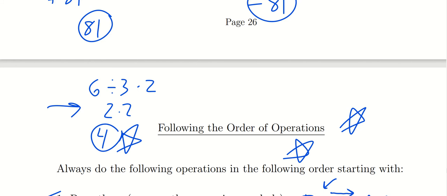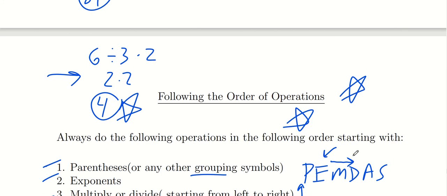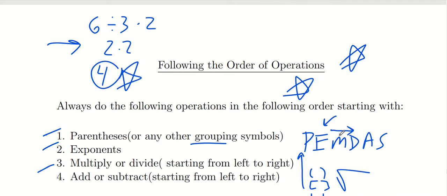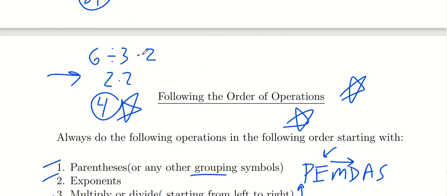A lot of people will make the mistake and take PEMDAS too literally, and they say, oh, PEMDAS, M before D, and so they mistakenly think that you need to multiply these two first. That is not the case. Division and multiplication carry the same level of importance, and they need to be done going from left to right. When we read this problem from left to right, the division comes first, so we do the division.